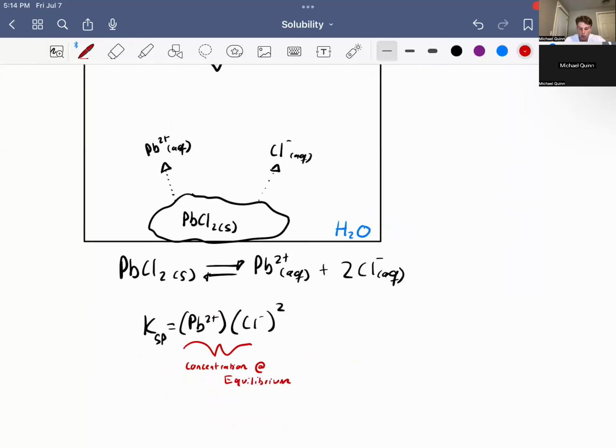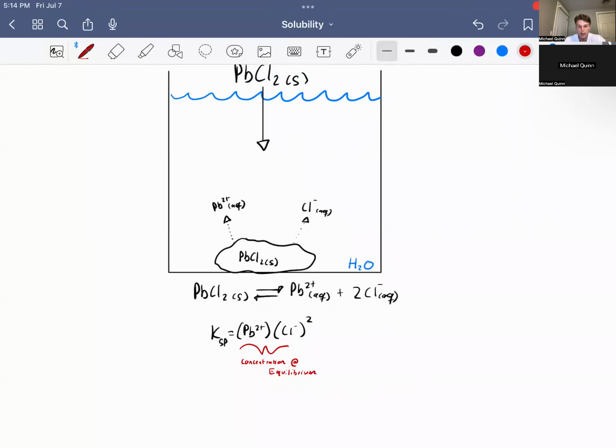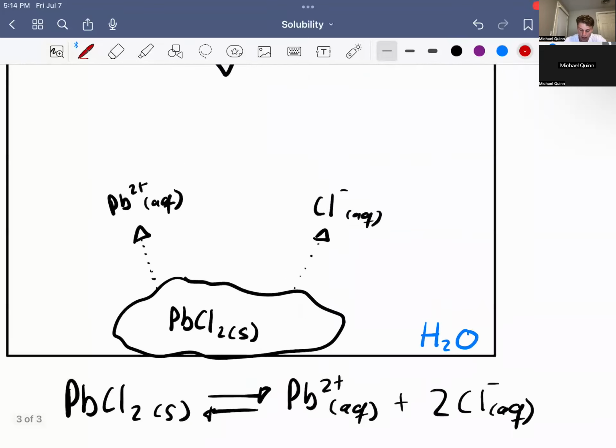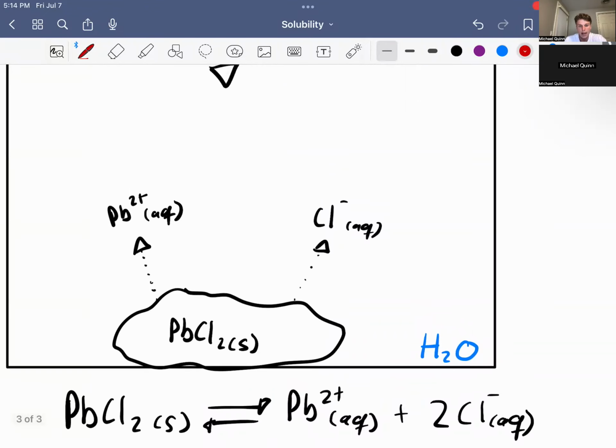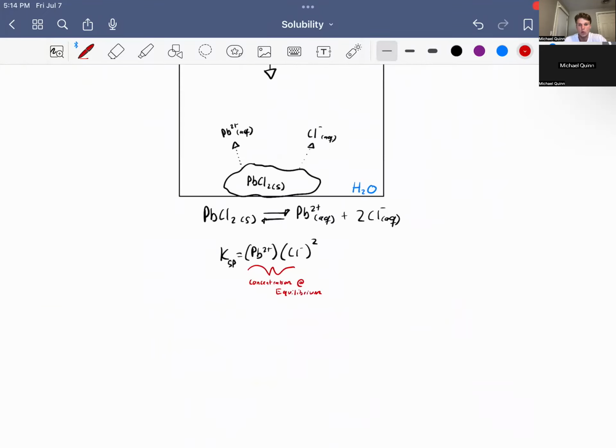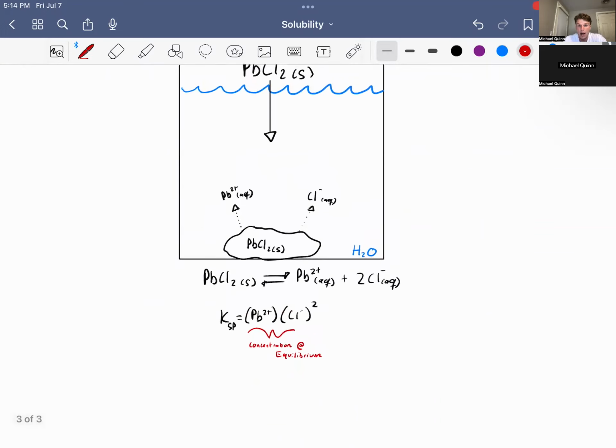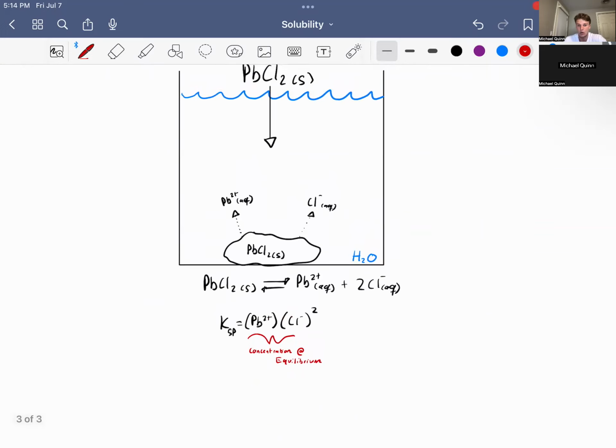So Ksp will tell us the equilibrium concentration for lead and the equilibrium concentration for chloride when this solid is dissolved into this beaker of water and it has dissolved enough lead and enough chloride that it has now reached equilibrium. However, we know from the equilibrium module that not every reaction is at equilibrium.